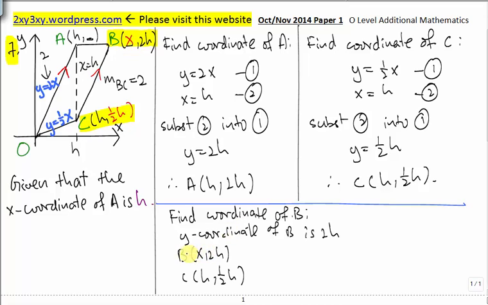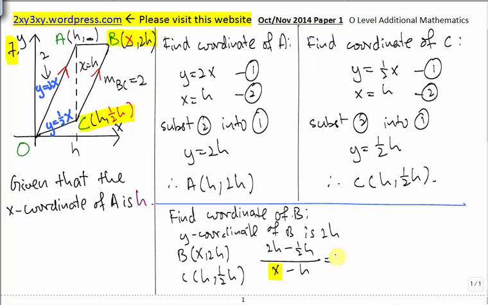So we have these 2 points B and C. To find the gradient BC, we just use the formula y2 minus y1 over x2 minus x1. Our aim is to find the value of x. This x will give us the x coordinate of B. And this gradient is actually equal to 2.